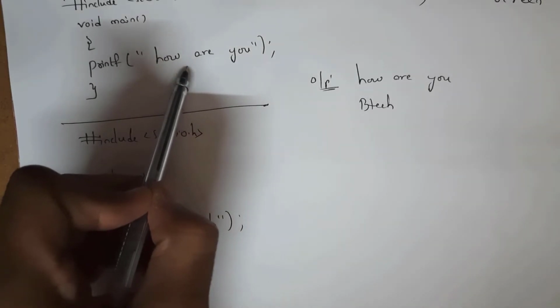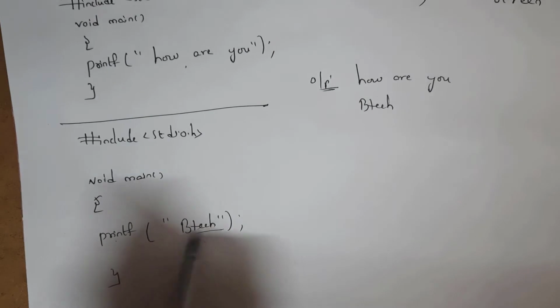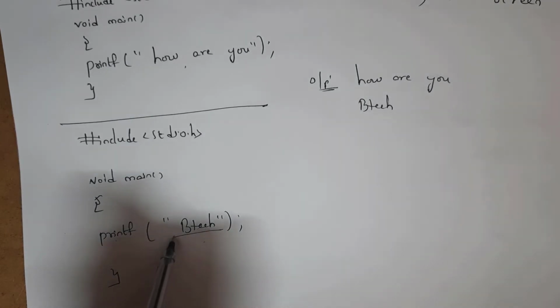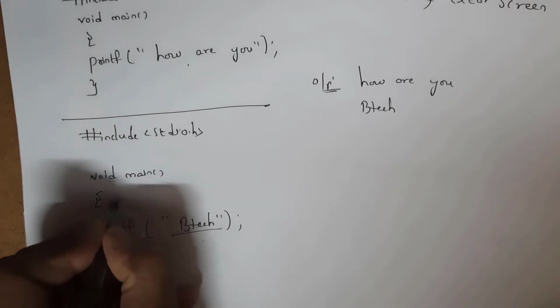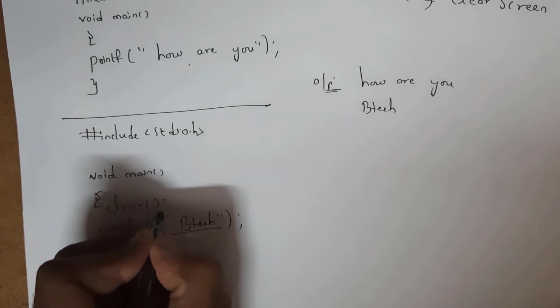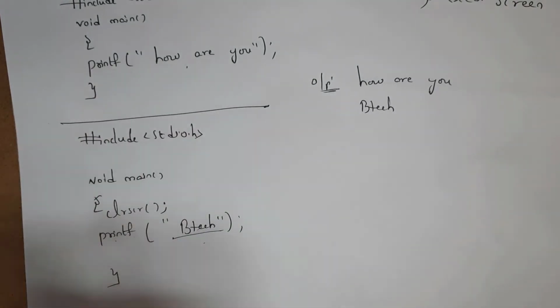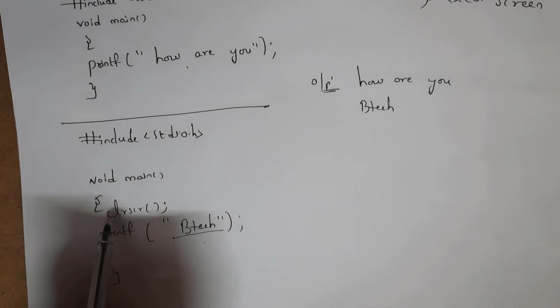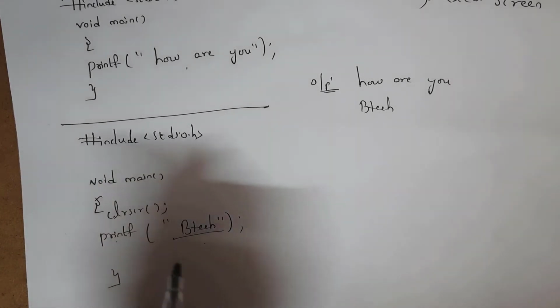But I don't want the previous program output. I want only the present program output. That is, I want to print only btech. For that purpose, you need to use the clrscr function. So here you just need to write clrscr, open bracket, close bracket. Definitely you need to give a semicolon. Though you write like this, you will get an error, because the meaning of clrscr is present in the conio.h header file.